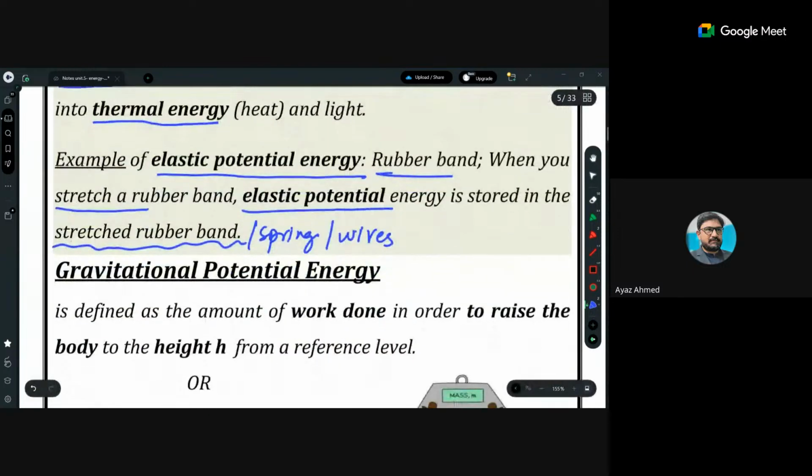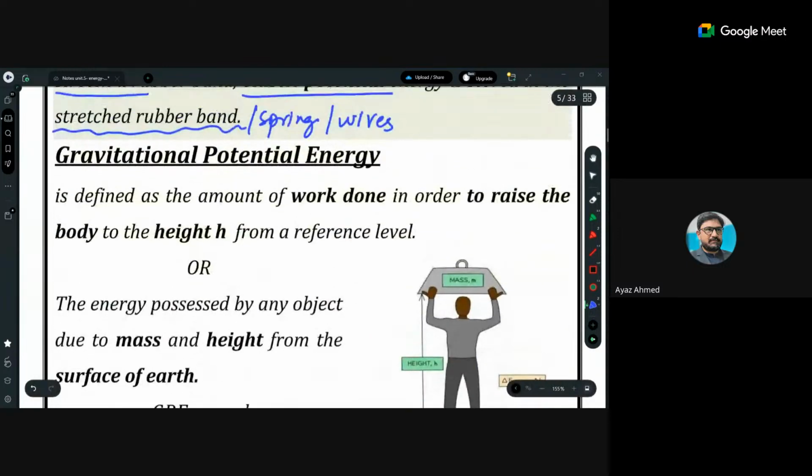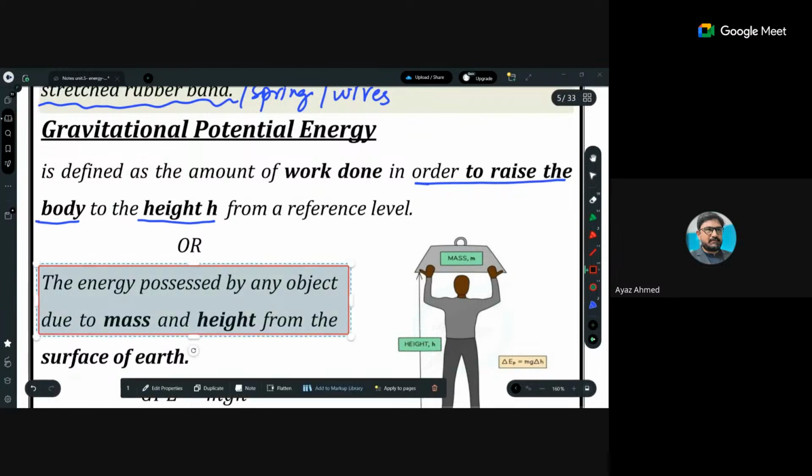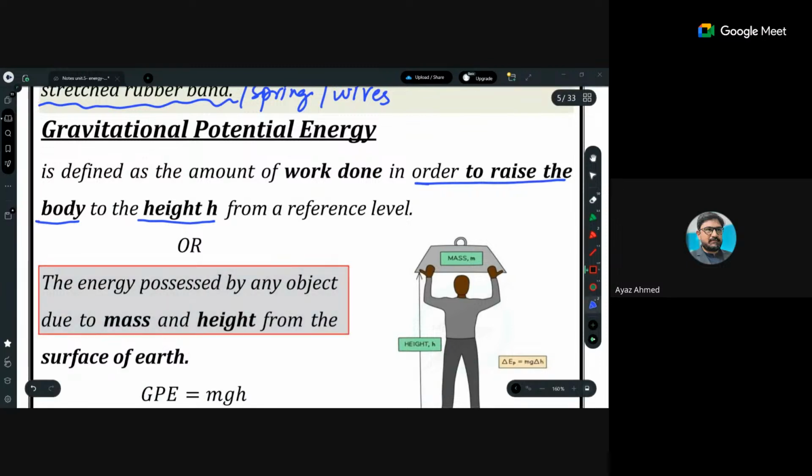Then gravitational potential energy is basically defined as the amount of work done due to raising a body to a height h from a surface reference level, or simply speaking, the energy possessed by a body due to its mass and height. Simple and error free, right? It is basically an error-free definition.